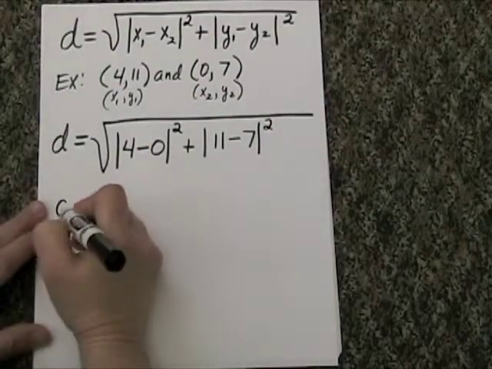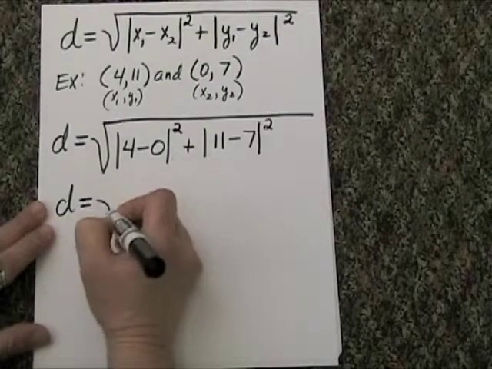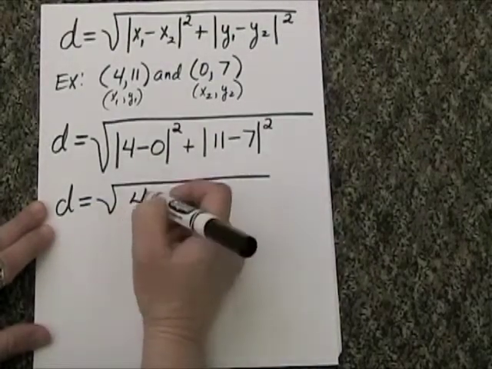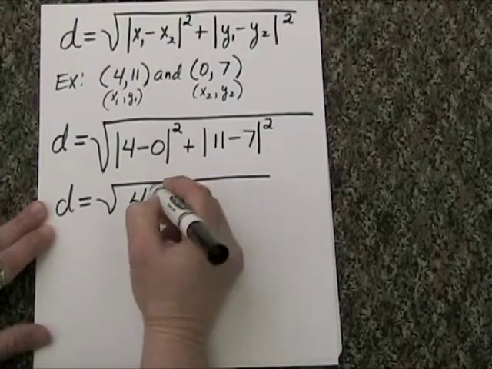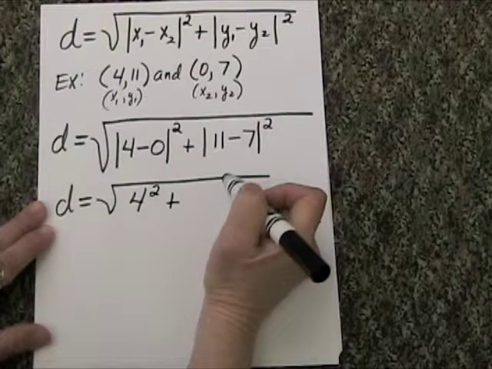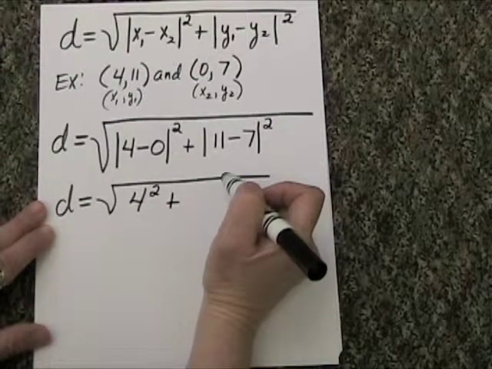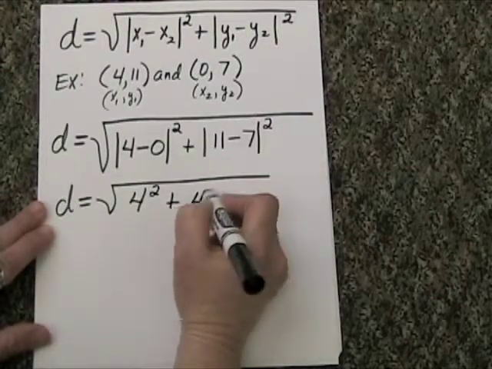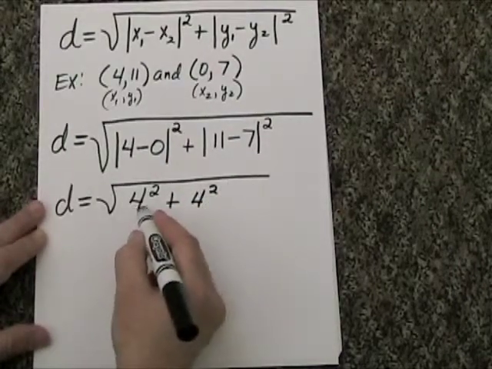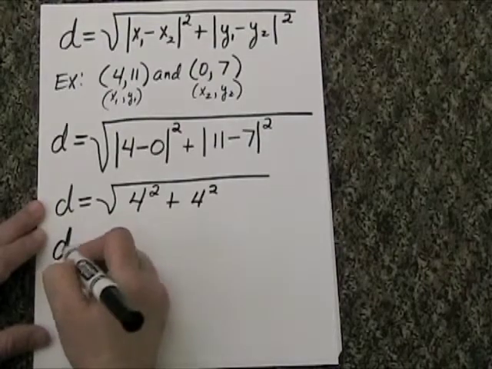All right, so our distance will then be equal to the square root of 4 minus 0 is 4, the absolute value of 4 is 4, so it's 4 squared, plus 11 take away 7 is also 4, and then we're going to go ahead and square that. Okay, so this is going to be 16 and this is going to be 16.